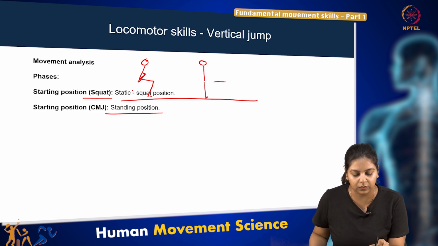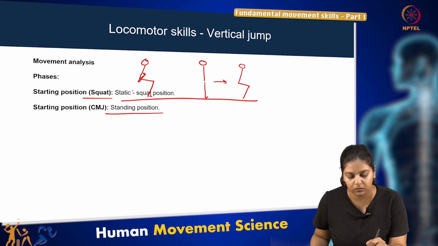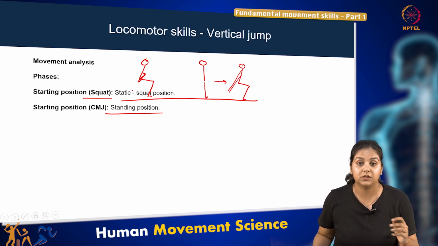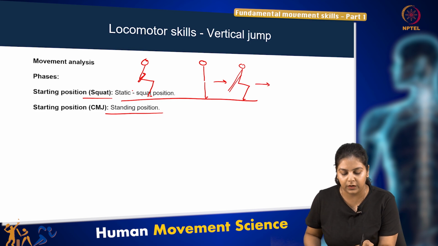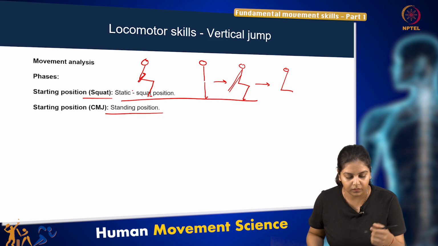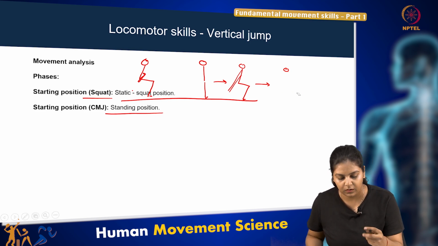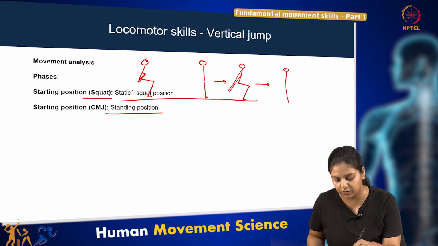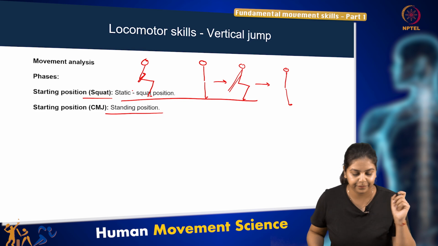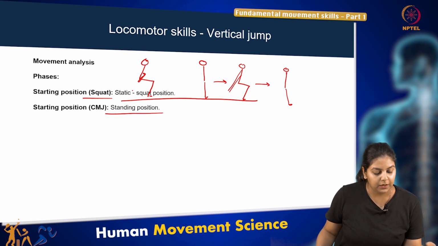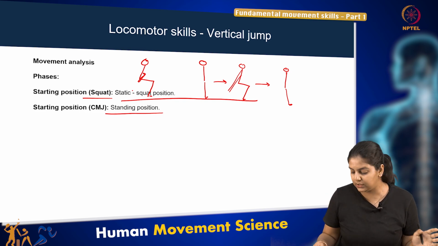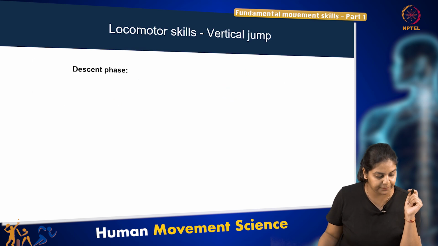So from here, you then get into the arms swing, and then from there you get into the jump, right? So the starting position for the counter movement jump is standing position, right? And then you go into the descent, and then you go into the ascent.